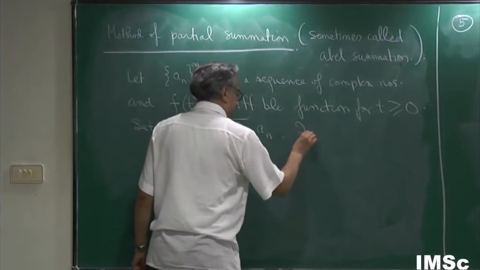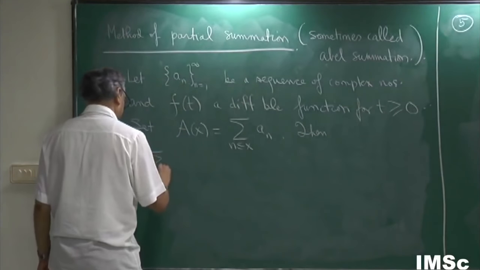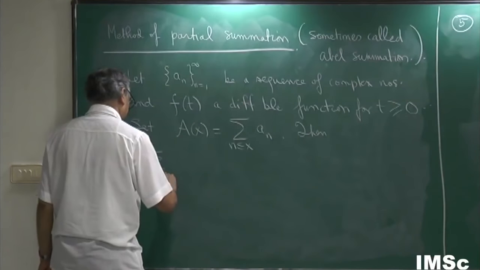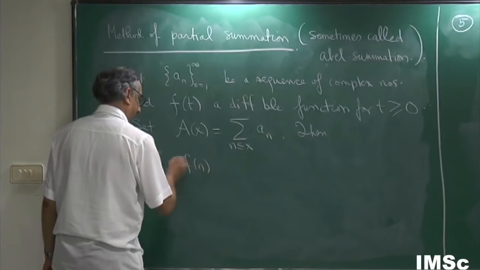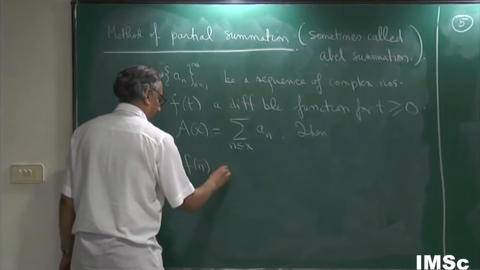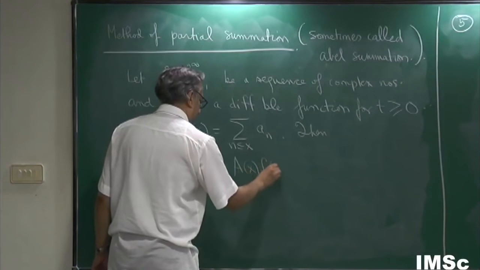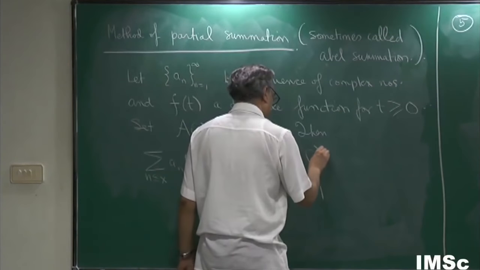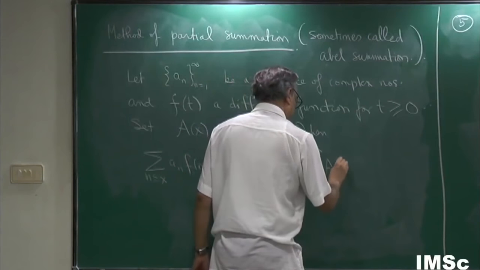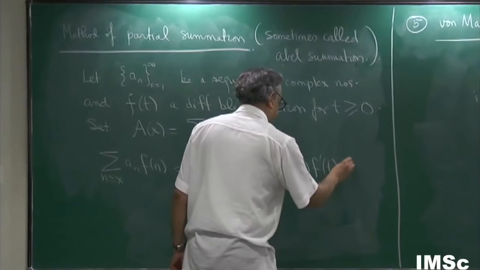Then the sum over n less than x of a sub n f of n is equal to A of x f of x minus the integral from 1 to x of A of t f prime of t dt.